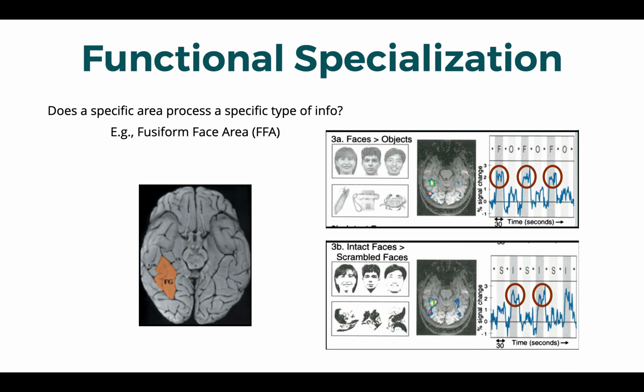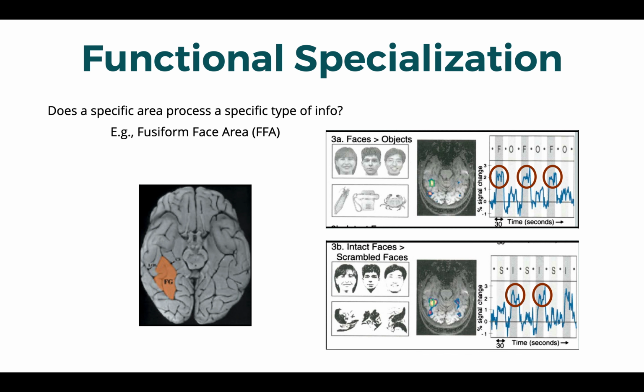So fMRI can tell us really great things about functional specialization, right? We've been talking about functional localization lately. Are certain brain areas specifically designated for certain cognitive tasks? For example, the fusiform face area is pretty popular in the fMRI literature and the history of fMRI.